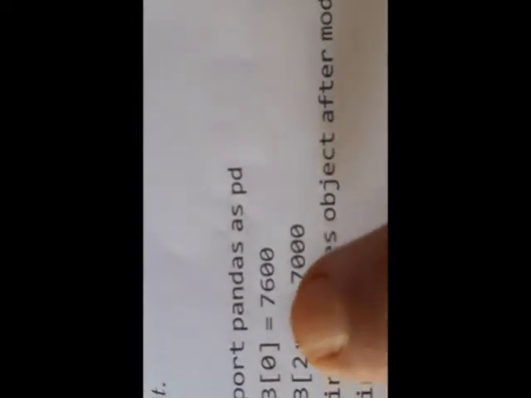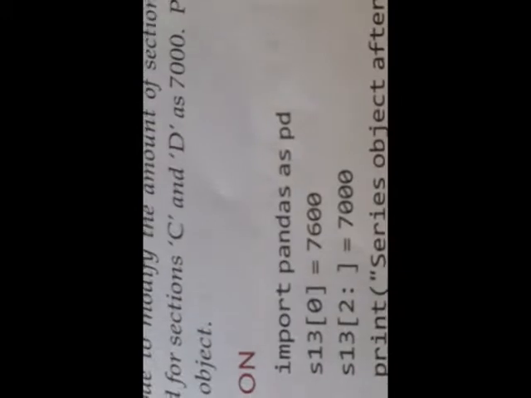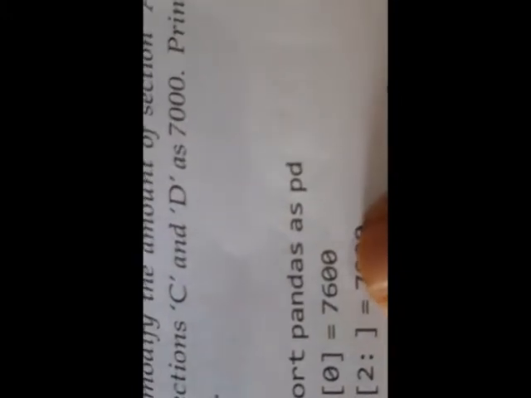Section A has index number 0, so we can give S13 directly, the 0th element becomes 7600.